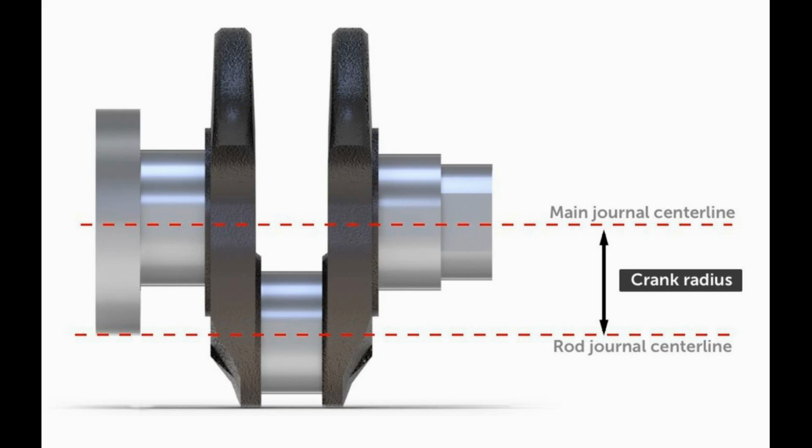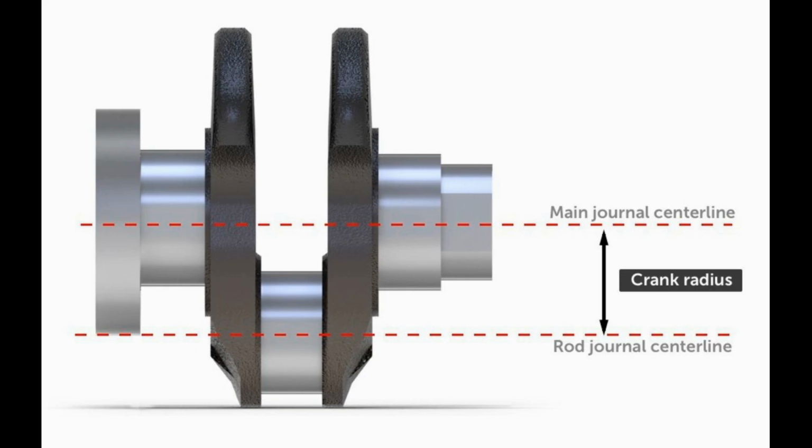Now, ask yourself why that offset is necessary. Here's something to think about. Imagine the crankpin was sitting directly on the center of the crankshaft. Would the connecting rod be able to make the crankshaft rotate as the piston moves?